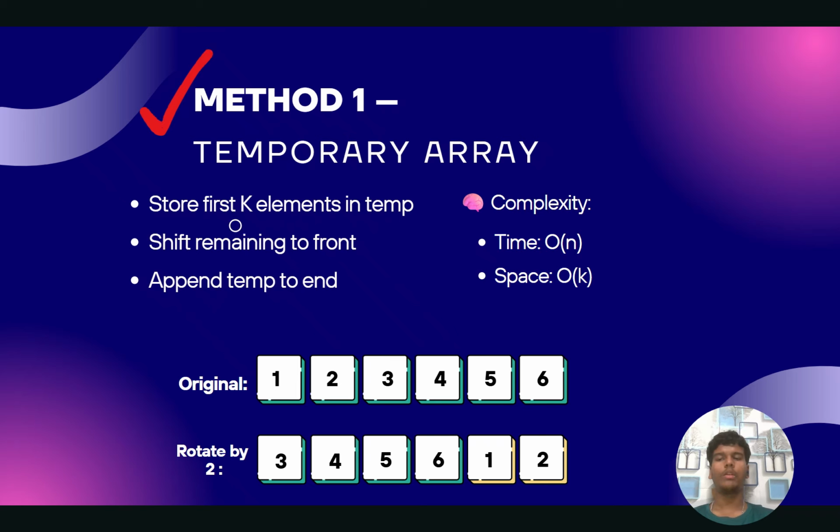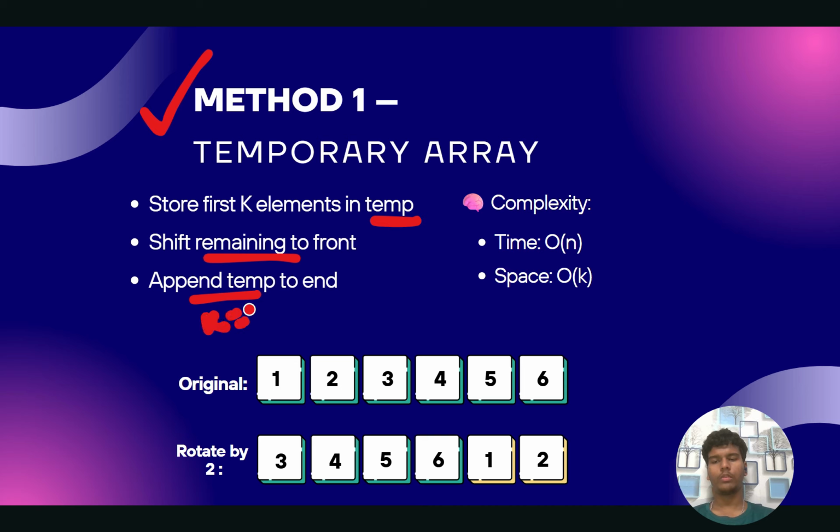In temporary array, we store the first k elements in a temporary variable temp, and shift the remaining to the front, and at last we append the temporary value at the end. So let's say we have k value as 2 here also.